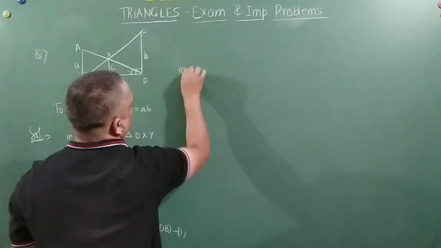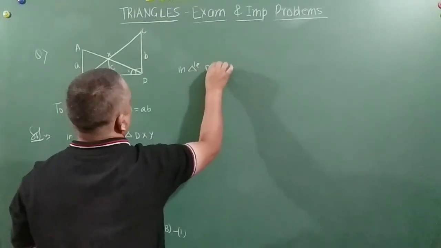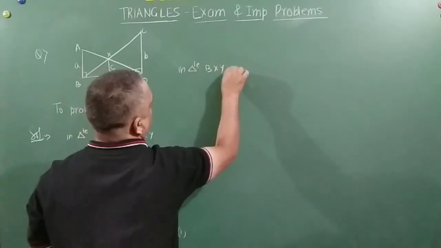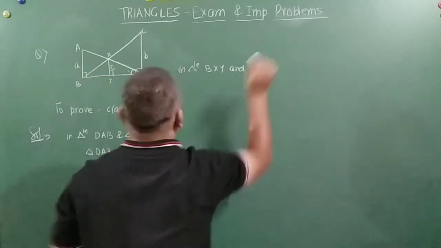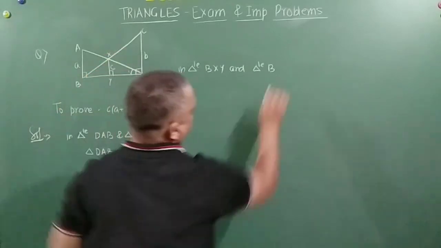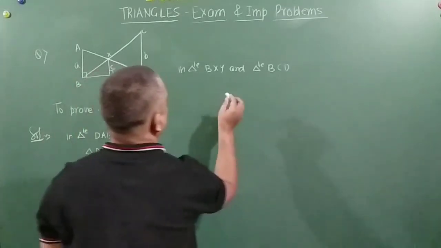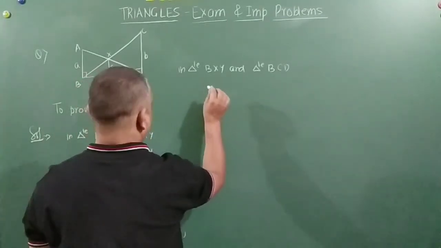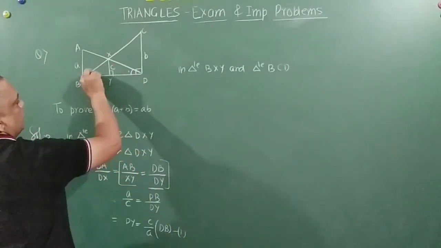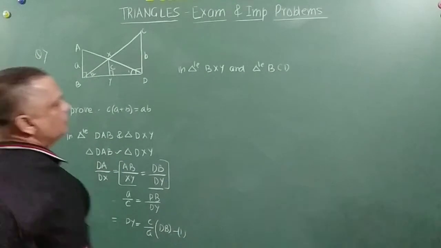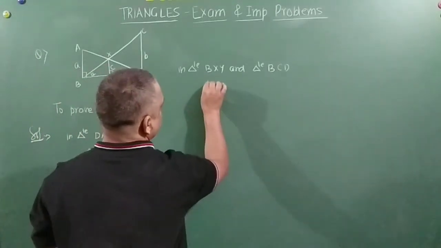So in triangle BXY and triangle BCD, we will see this angle is common for them, that is angle number 2, and one of the other angles is equal to 90 degrees, so we can say that these two are similar.